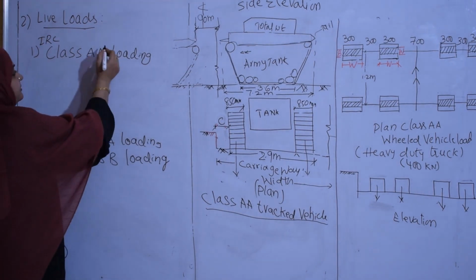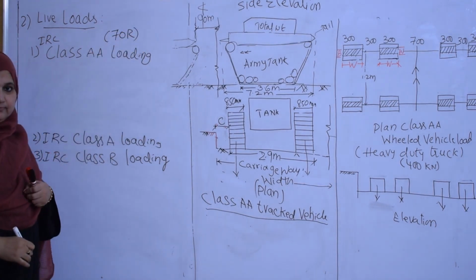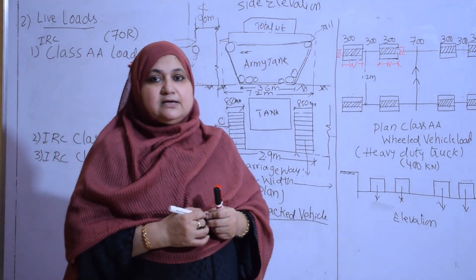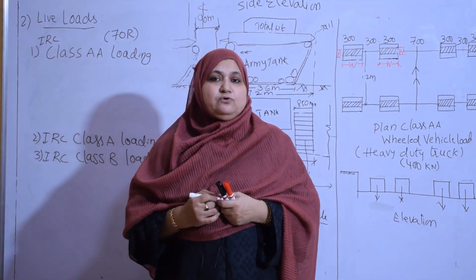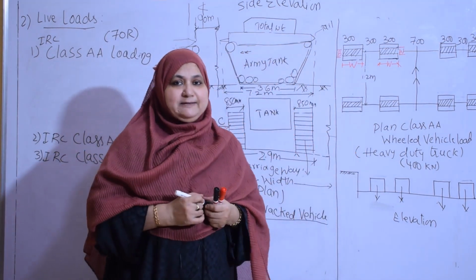IRC class A loading is also referred to as 70R loading. Some people refer to it as 70R. IRC class AA loading is the heaviest type of load. This has been further classified into 2 types.